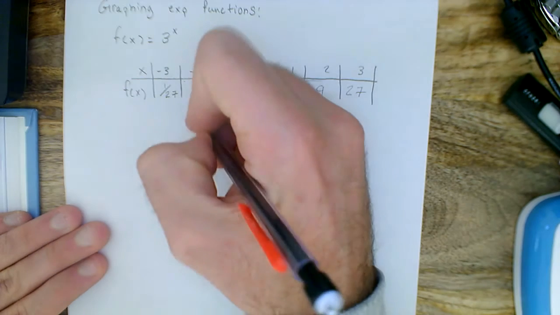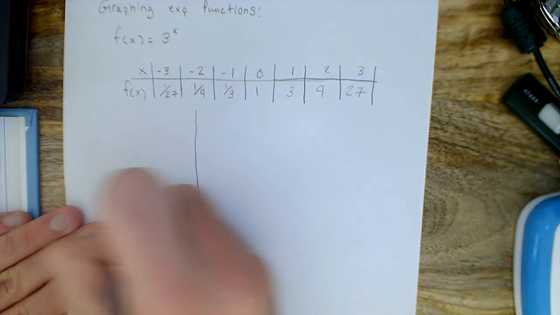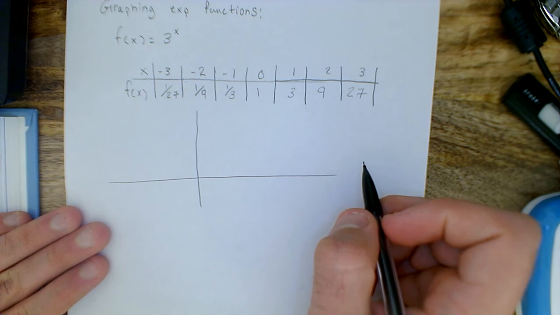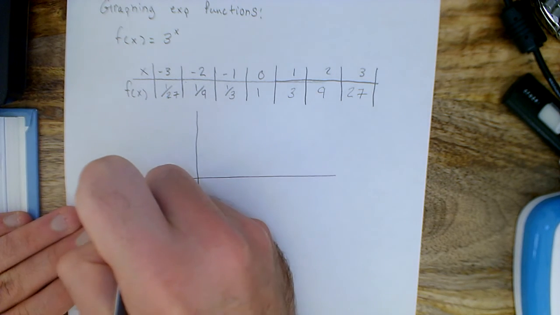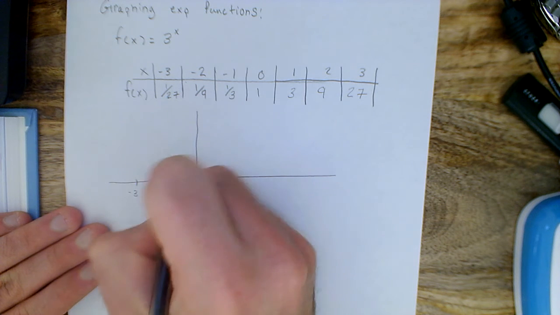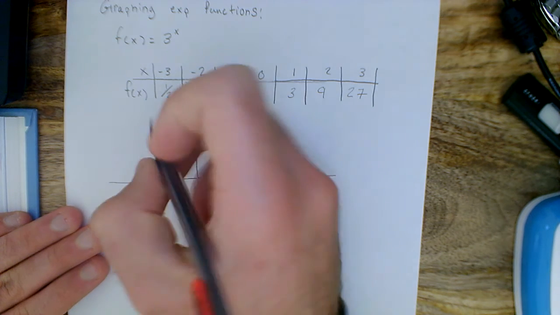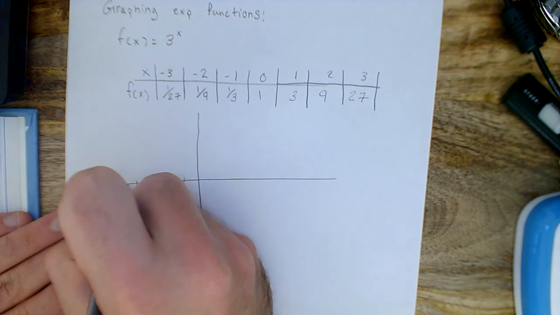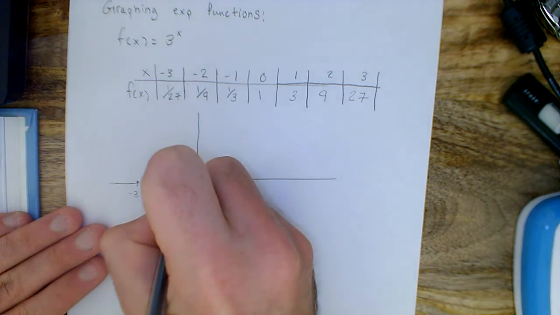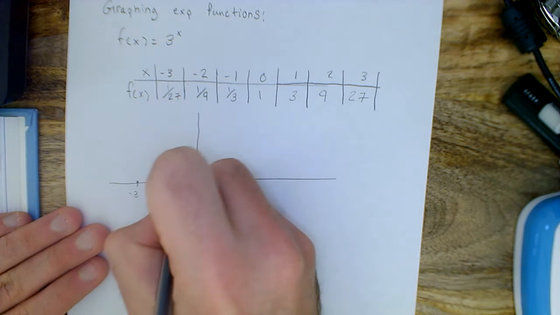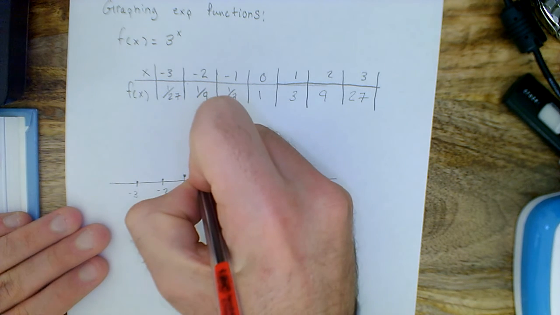So the way this graph looks is, here's -3, -2, -1. They're all really close to 0 here. 1/3, and then 0, 1.